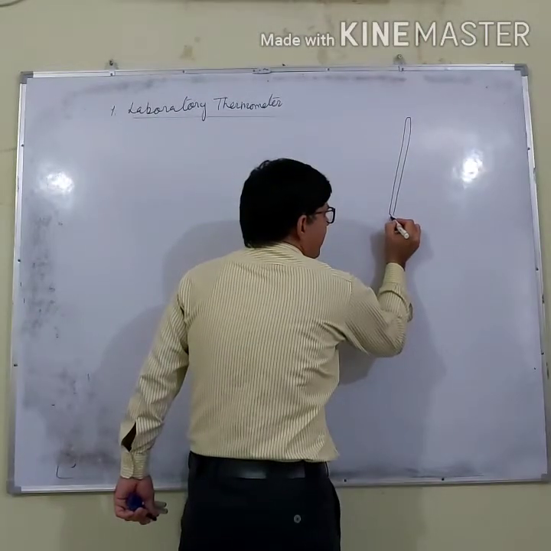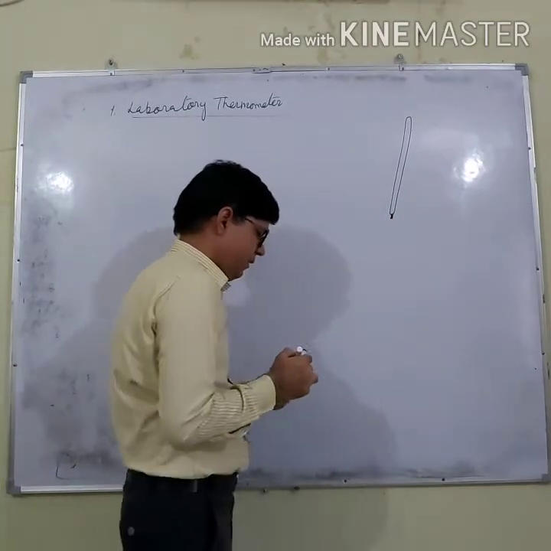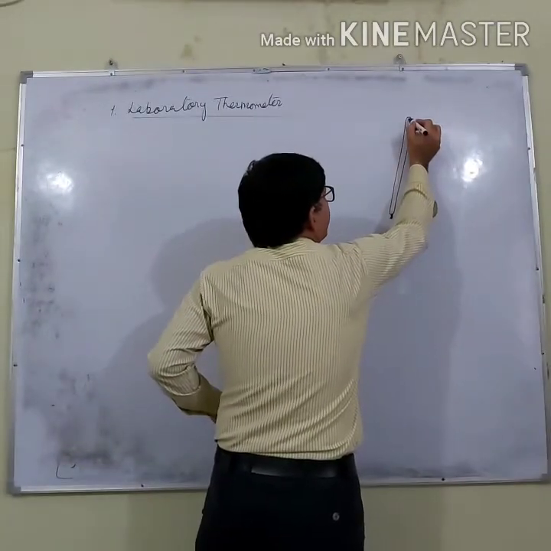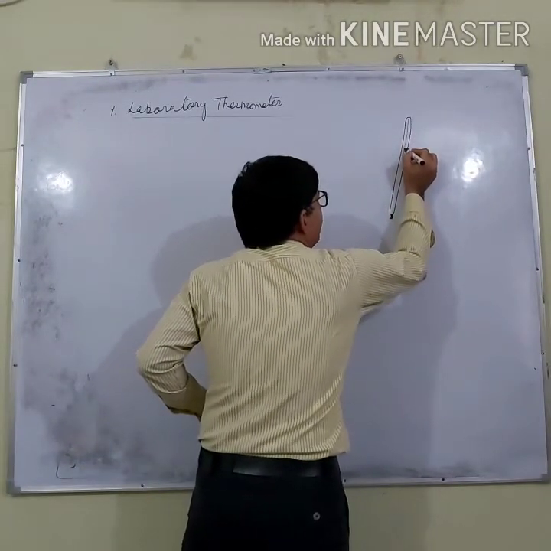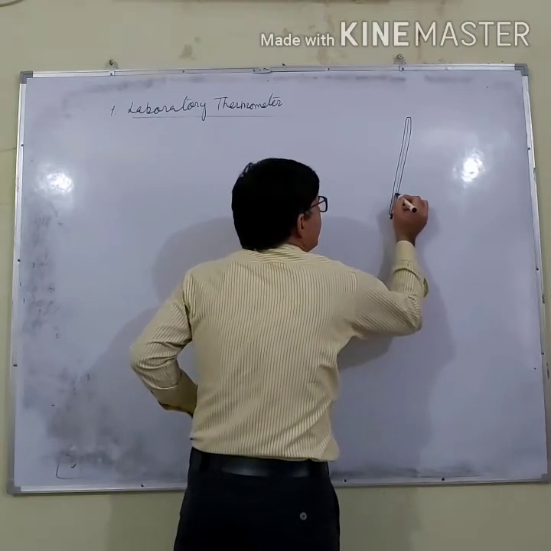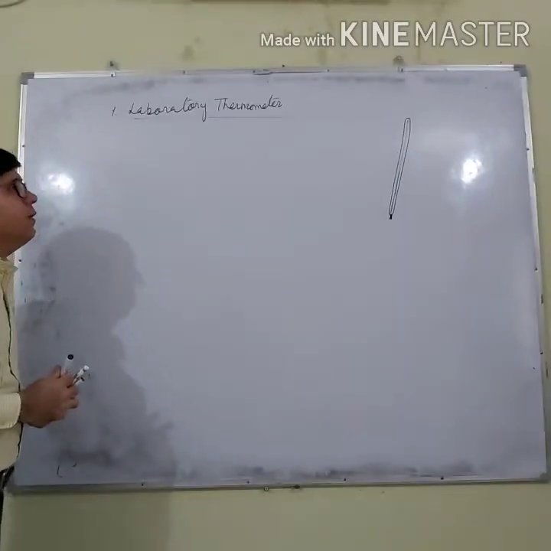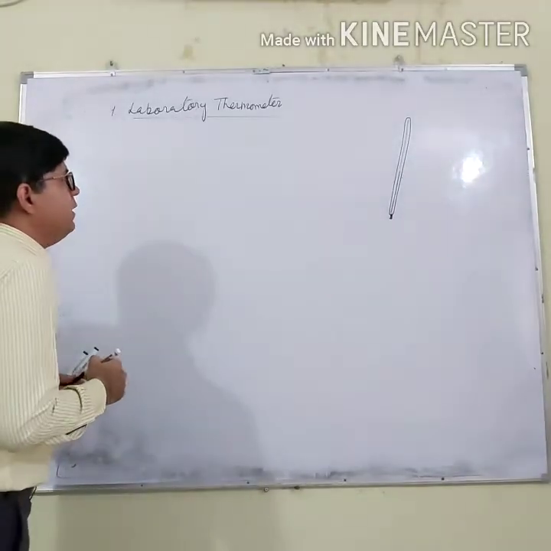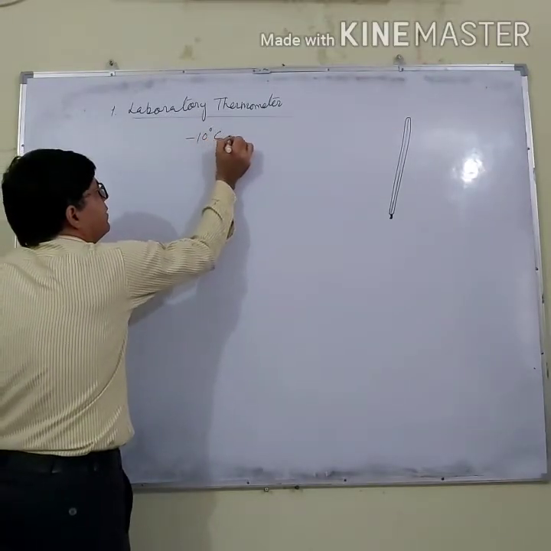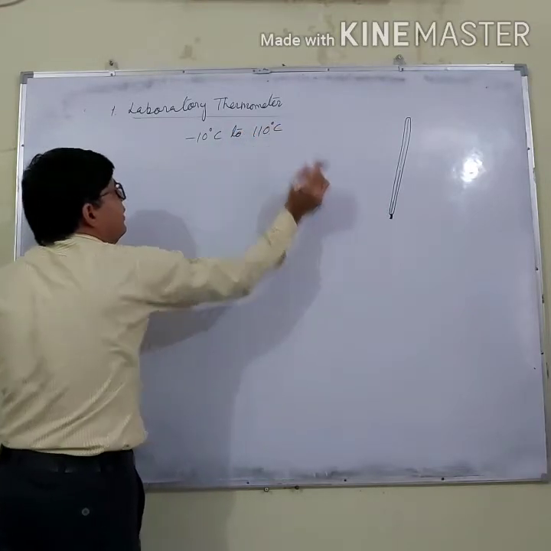Here we have a bulb. This bulb contains mercury, and this lining represents the mercury. The range of the laboratory thermometer is -10 degrees Celsius to 110 degrees Celsius.